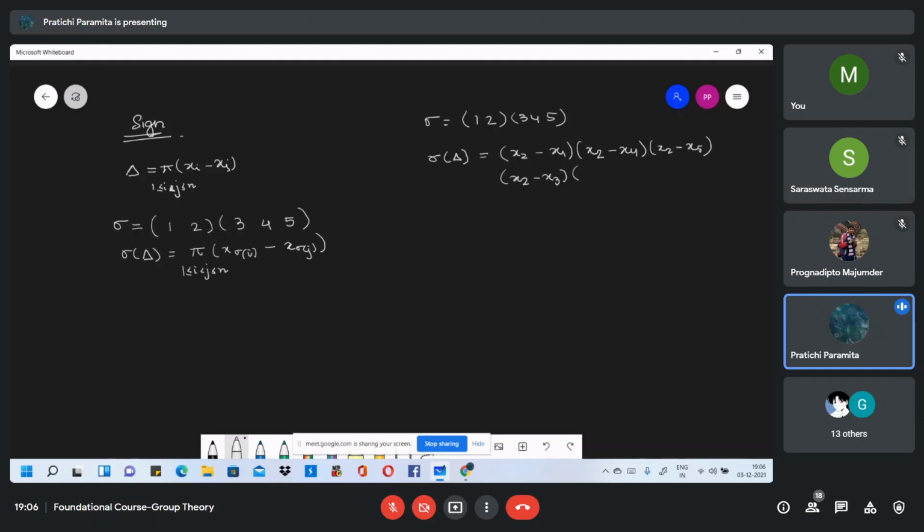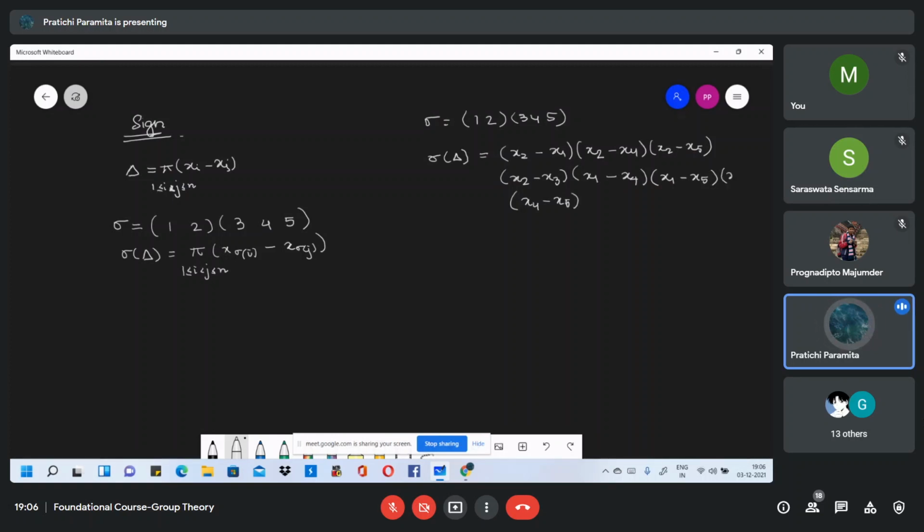Then if i is 2, I'm going to get sigma i as x1. So it will be x1 minus, now when j is 3, it will be x4. When j is 4, I'll get x1 minus x5. Then I'll take i as 3, so I'll get x4, and when j is 4, it will be x5.